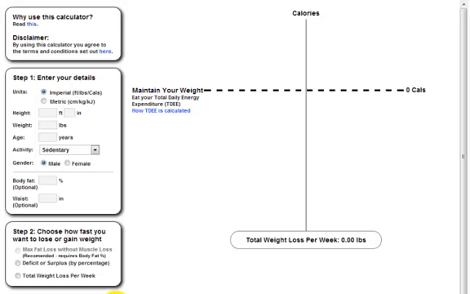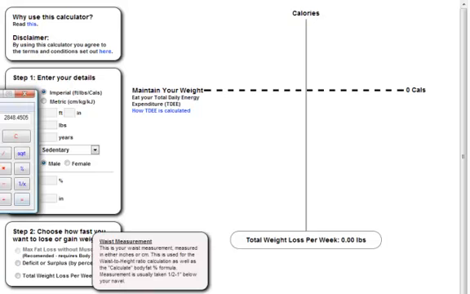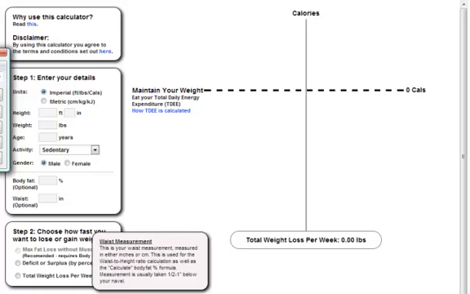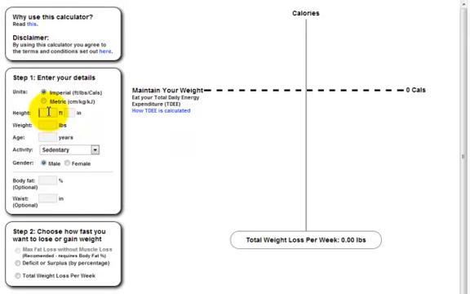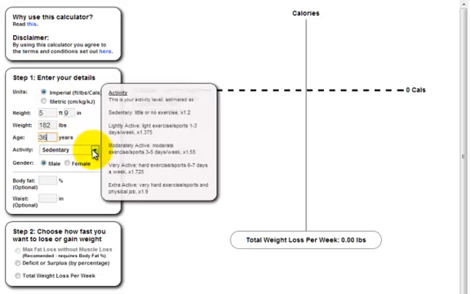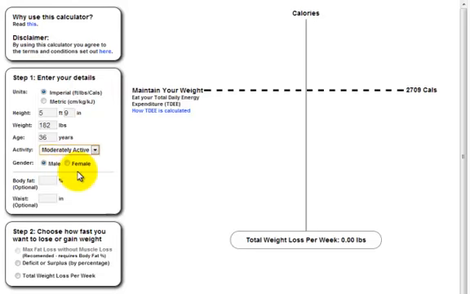According to those 2 websites, my daily calorie intake to maintain my weight is 2848.45. So I'm going to enter my height again, which is 5'9", my weight 182 pounds. I'm 36 years old. I do moderate activity.